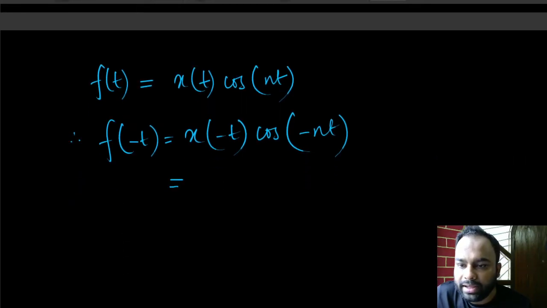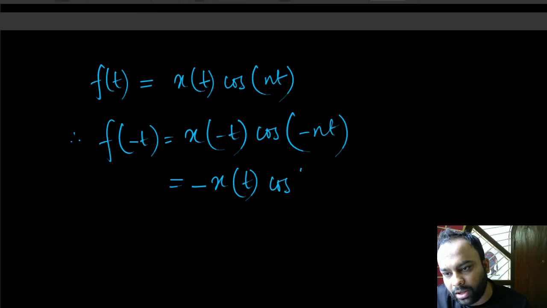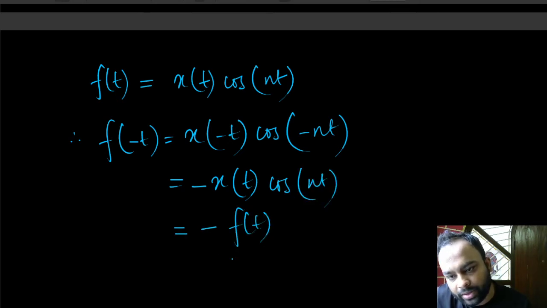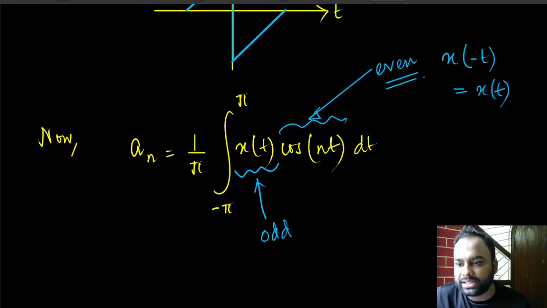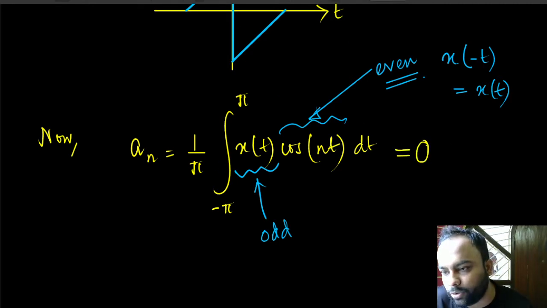Now understandably, we already know x(t) is an odd signal, so this is going to be minus of x(t), and cosine is an even signal, so this is going to be cos nt. So this is going to be minus f(t). So this entire integrand is actually an odd expression, and the limits are from minus a to plus a, and from your school level mathematics, you already know that the result of this integration is 0.